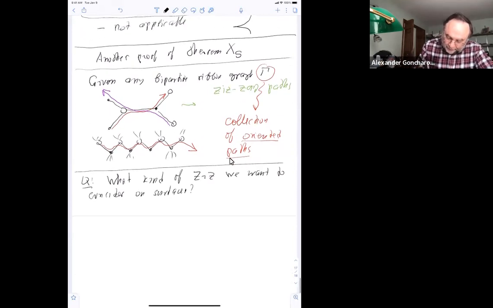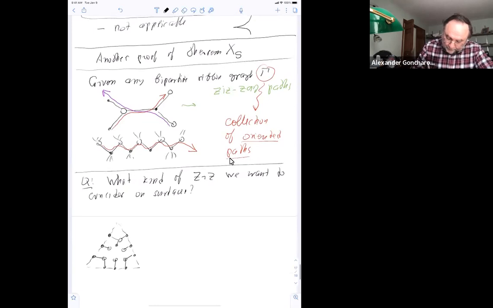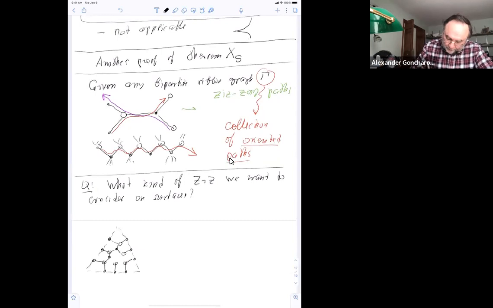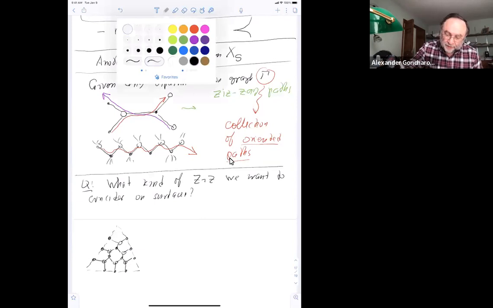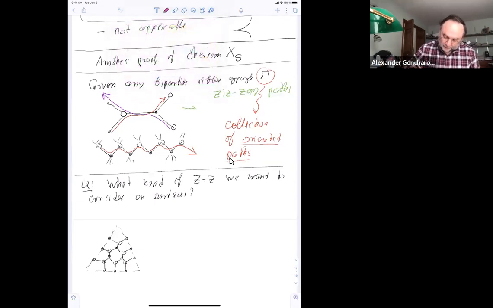Let's draw once again the picture we were drawing before, a natural bipartite graph which is related to the triangle. Remember that it looks like that. And now let's draw the zigzag paths here. Starting here, it goes like that.